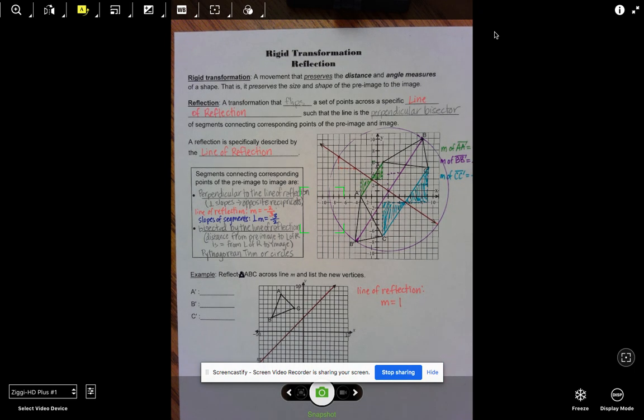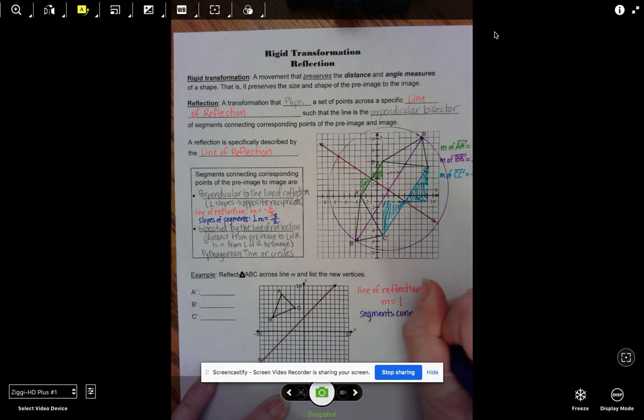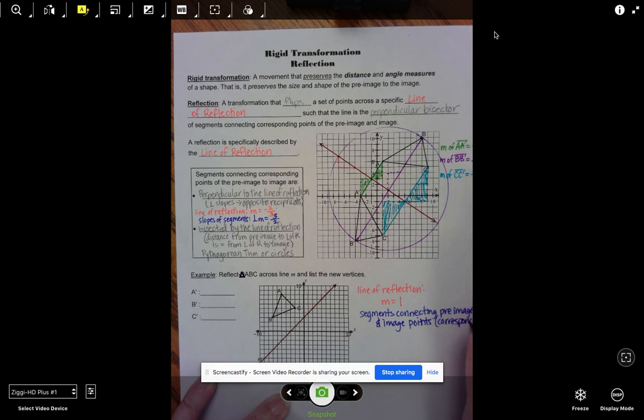So what does that mean the slope of my segments has to be? So segments connecting pre-image and image point, corresponding ones anyway, have to have a slope of something perpendicular to the line of reflection.